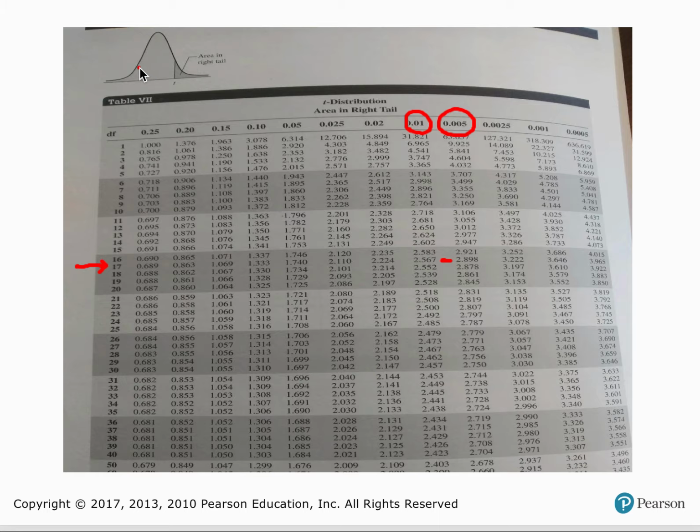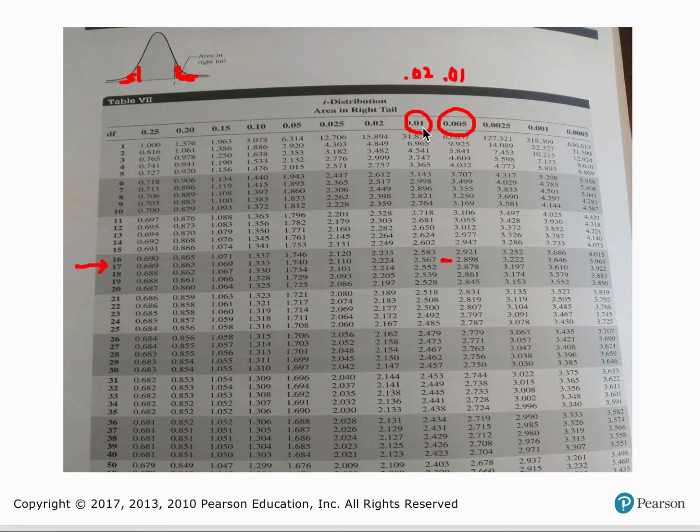Because it's two-tailed, this is giving me this region, but my test is two-tailed, so I'm going to double this. So 0.02, if I double this one, and 0.01.